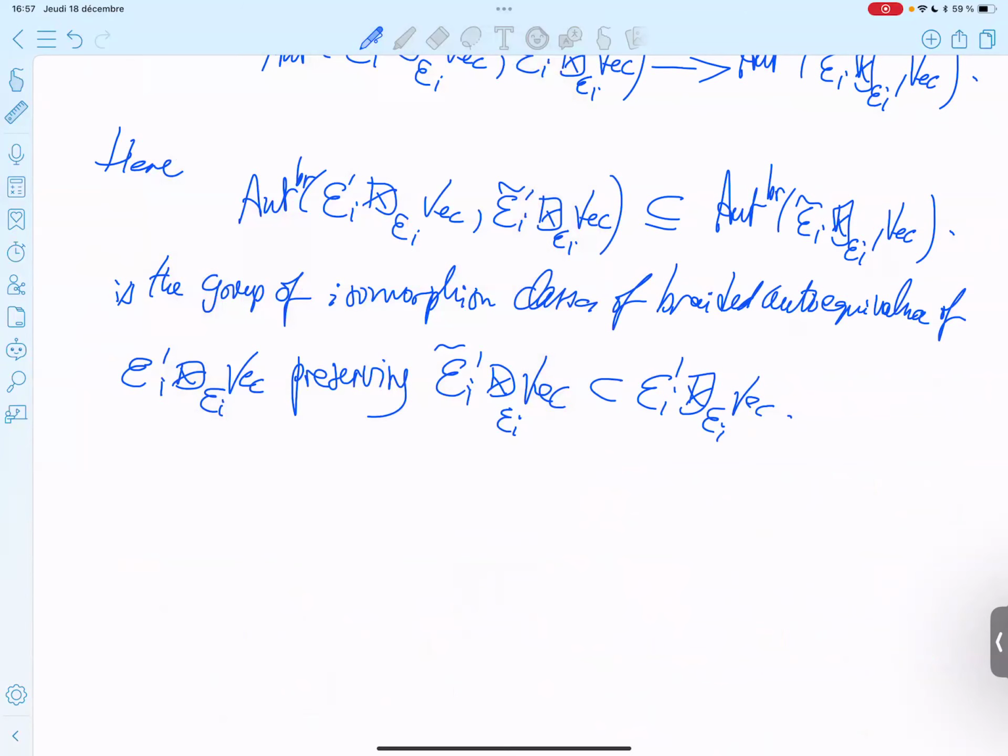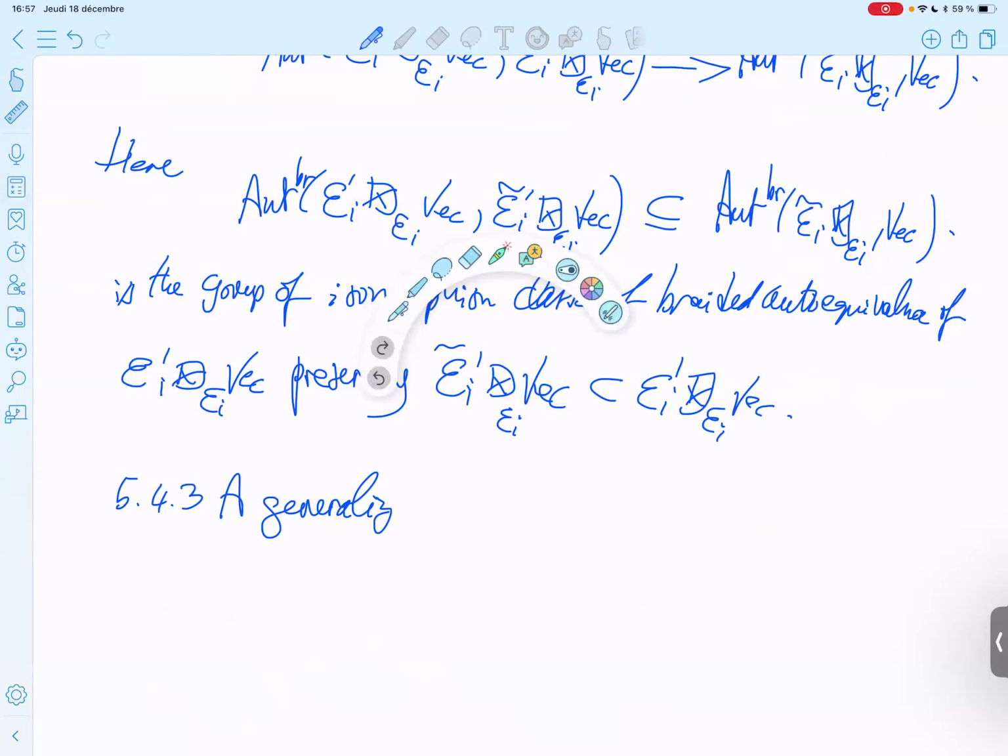And yeah, so the next subsection we'll do tomorrow will be a little bit similar. Again, this will be something a bit complicated, but that we will not need later, maybe less complicated than the remark, but still a generalization of theorem 5.11.